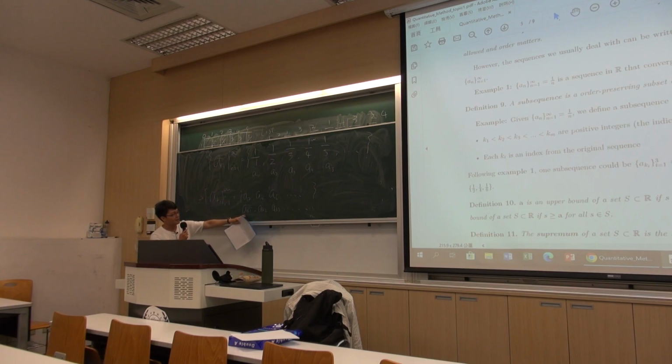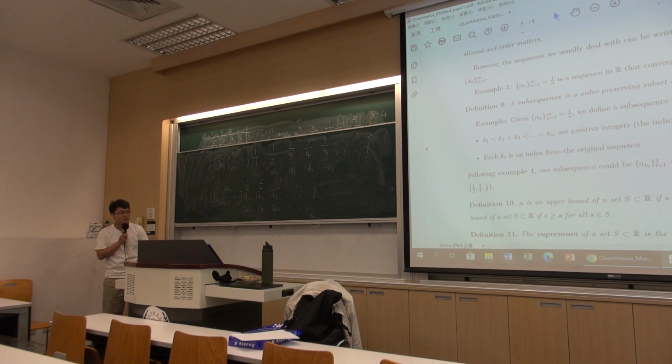This is the first element a_k1, the second element a_k2, and the third element a_k3, and they correspond to the original sequence's a_2, a_4, and a_6. So what are those numbers? In numbers, it equals 1 over 2, 1 over 4, and 1 over 6, etc.